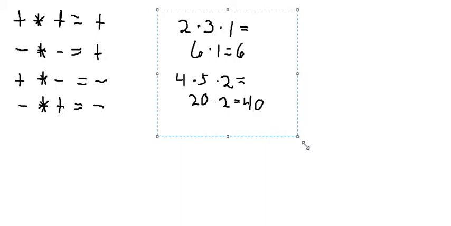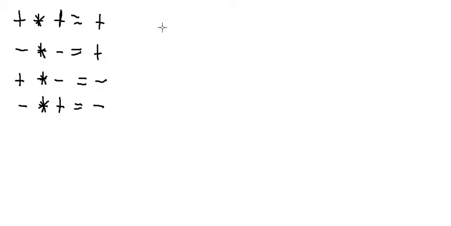Alright, what does this have to do with our positives and negatives? Let's say I had negative 1 times negative 1. That's just positive 1. We said negative times a negative is a positive.